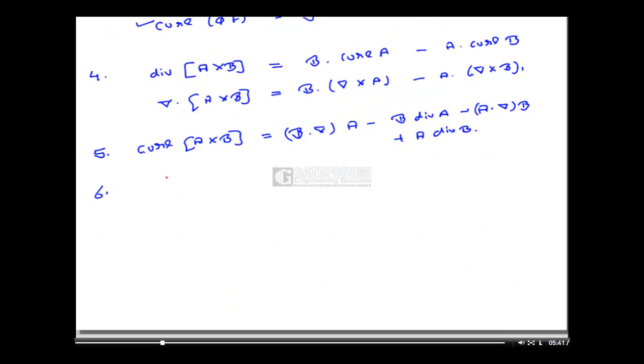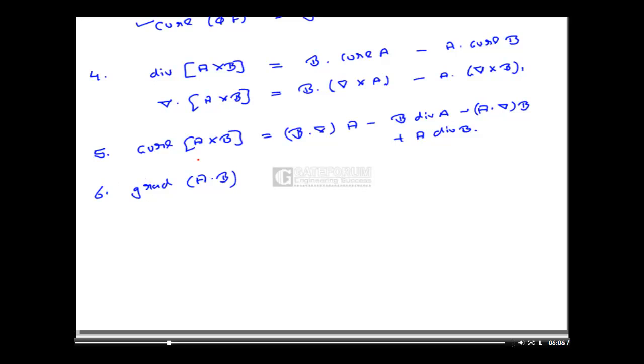Sixth one: gradient of A dot B. Generally, gradient is defined for a scalar function. So we cannot have a gradient for A cross B, because A cross B gives a vector quantity. We will find the gradient only for scalar functions.